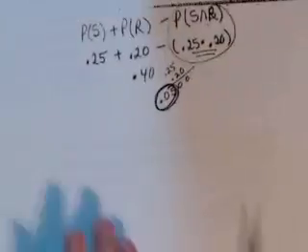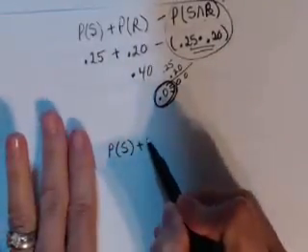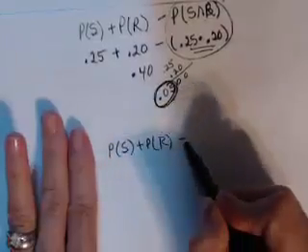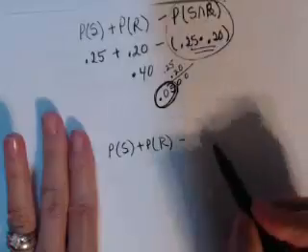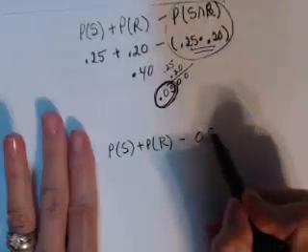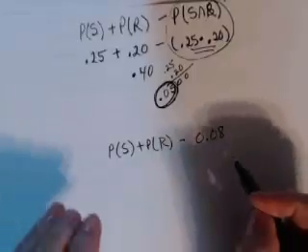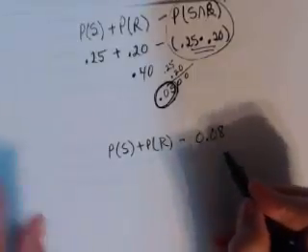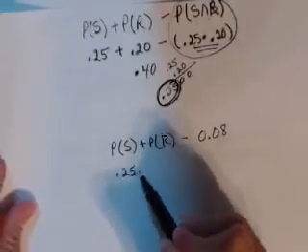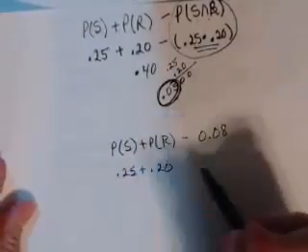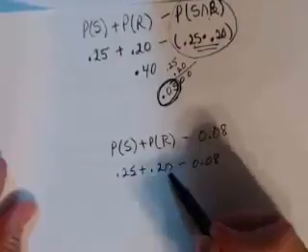So in the third part of the problem, we'll still use the same formula, but we will use the information that was given to us about the number of overlapping days. So we would have 25 hundredths plus 20 hundredths minus 8 hundredths.